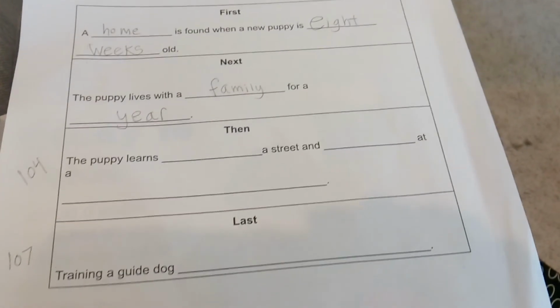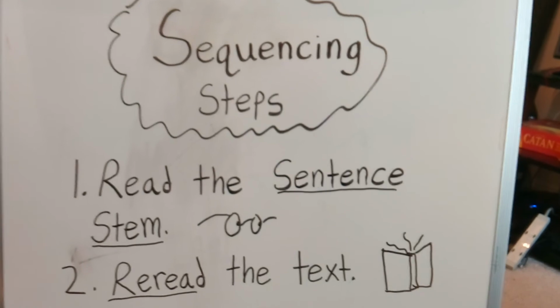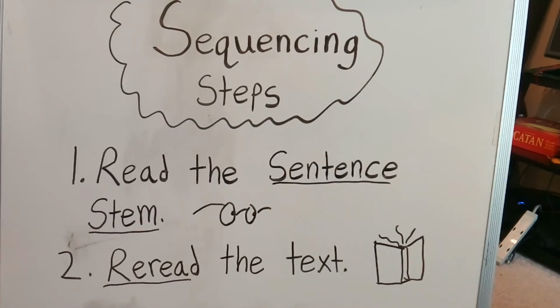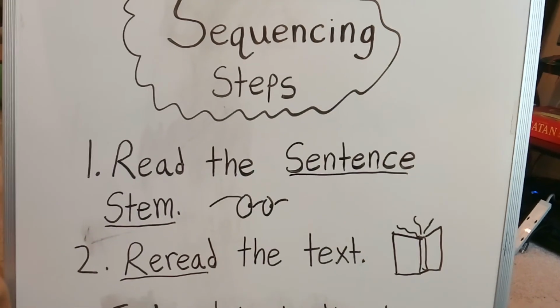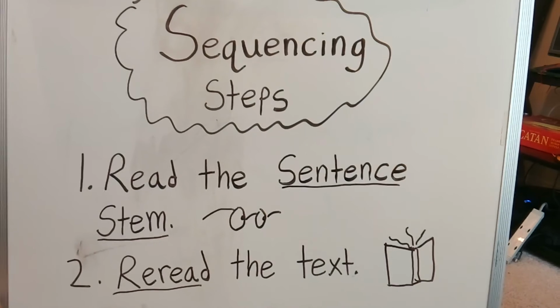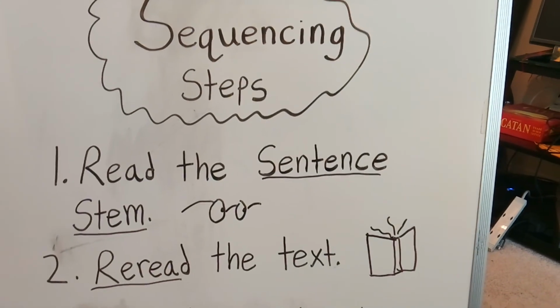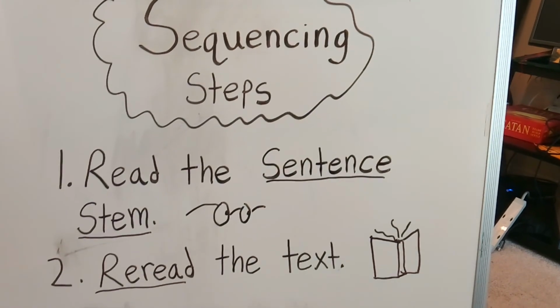Now you guys may be wondering, gee, Mrs. M, why is it important to know how to sequence? Being able to sequence events is a really important skill, my friends, because it helps us put events in a correct order so that it makes sense. An example would be, we probably eat breakfast before we go to school.